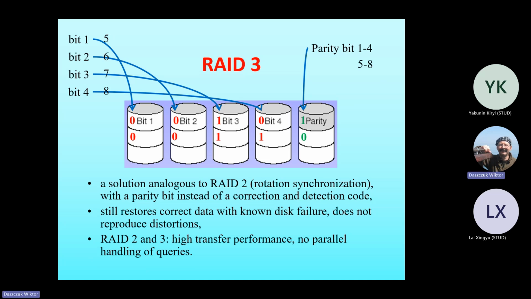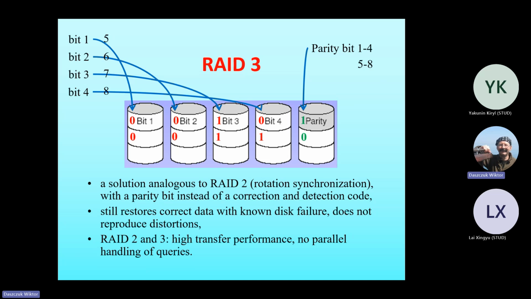So for example, if this disk is switched off and replaced by a new one, filled entirely with zeros, we can observe here we have 0, 0, 1, 0. Parity is 1.